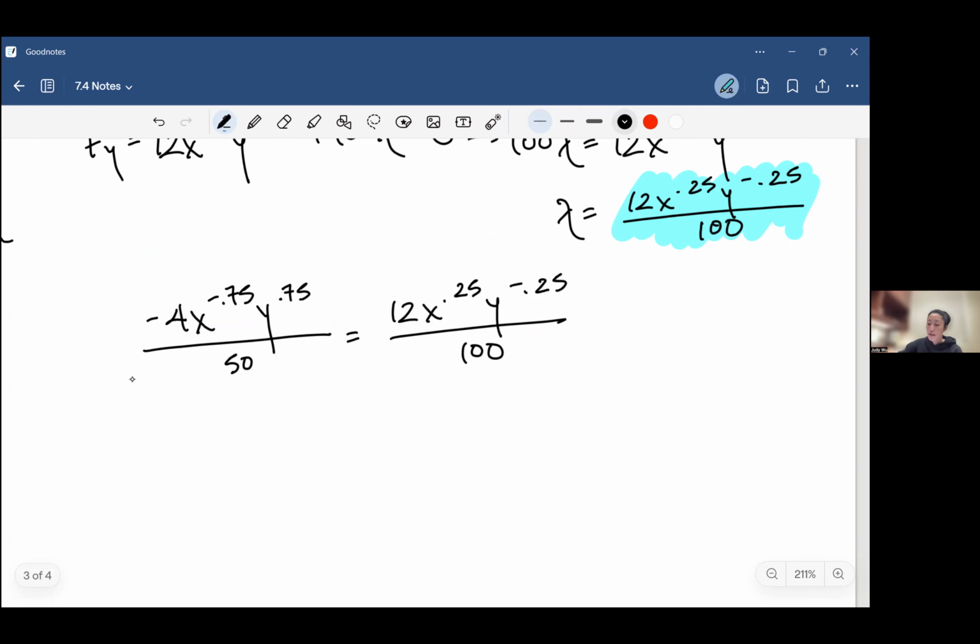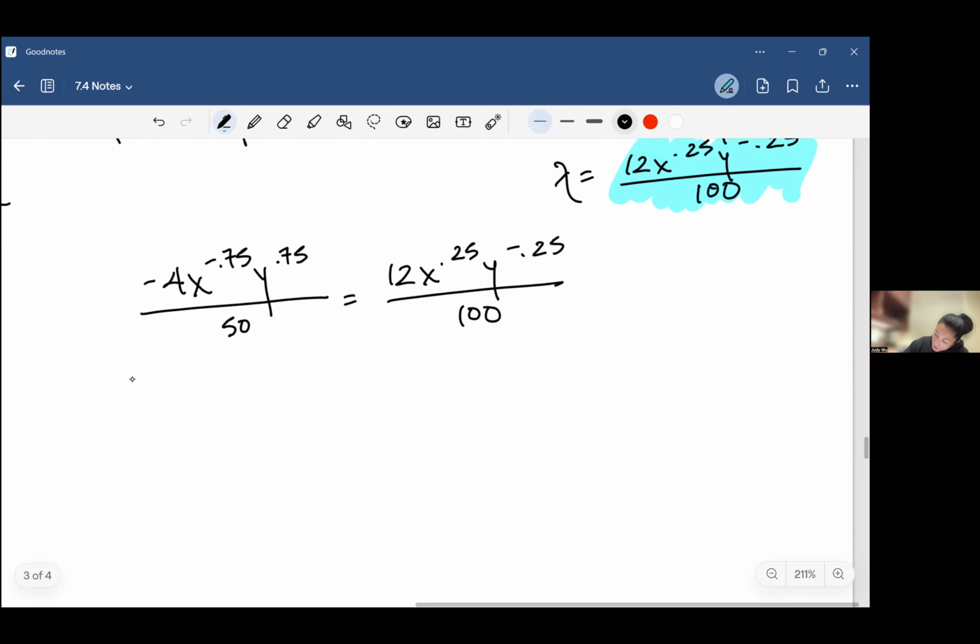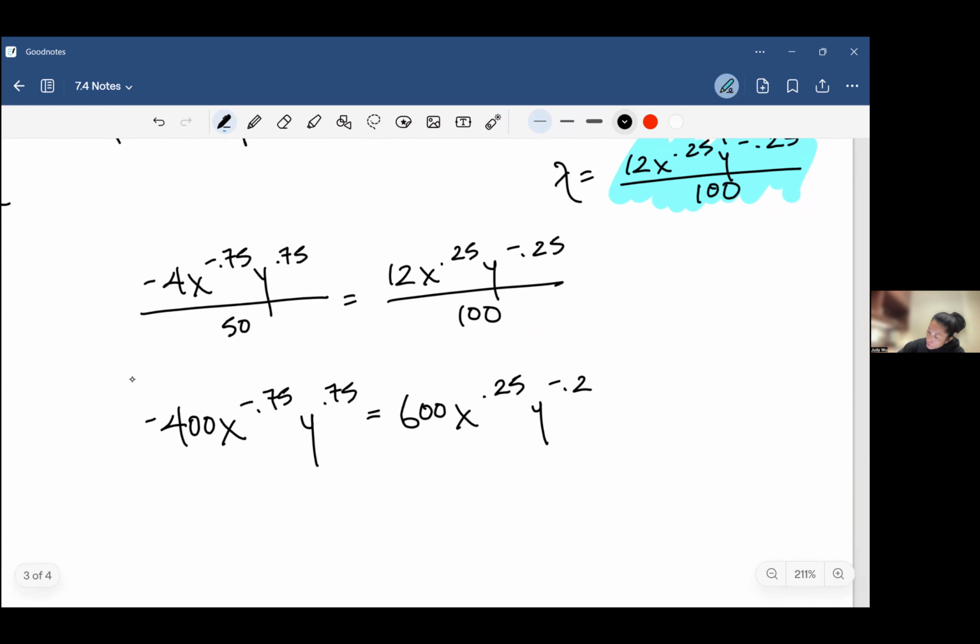This is a time when I can use cross multiplication because I have the equal sign in between two fractions. So that's going to give me negative 400 x to the negative 0.75, y to the 0.75 equals, let's see, 12 times 50 is 600 x to the 0.25, y to the negative 0.25.